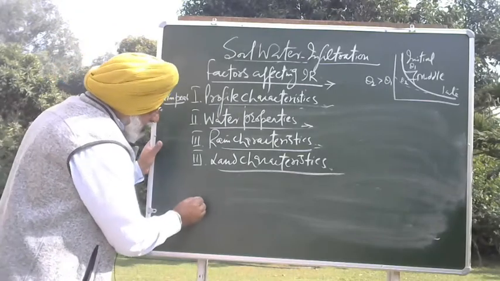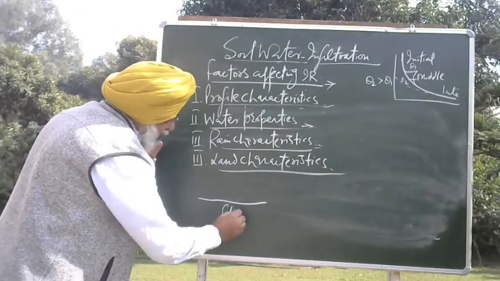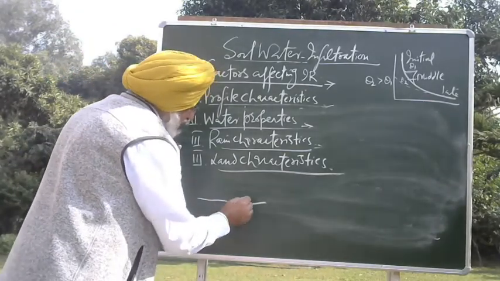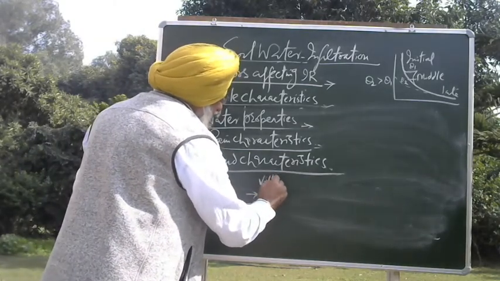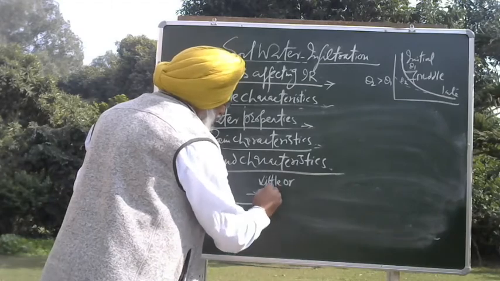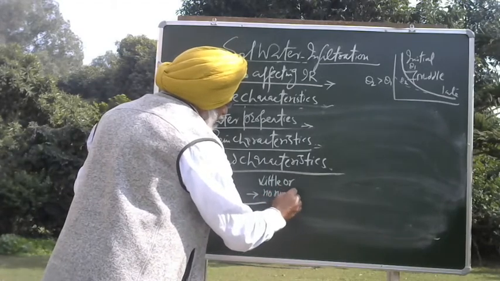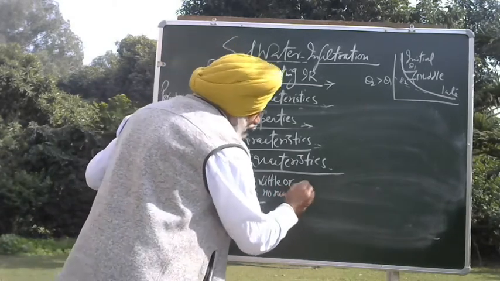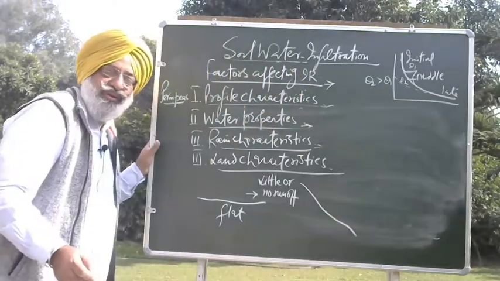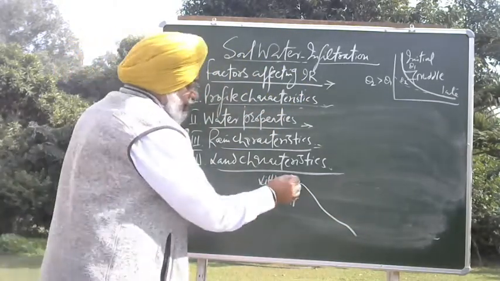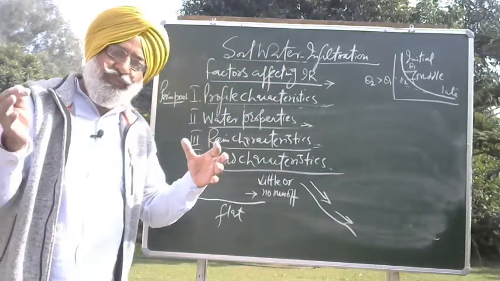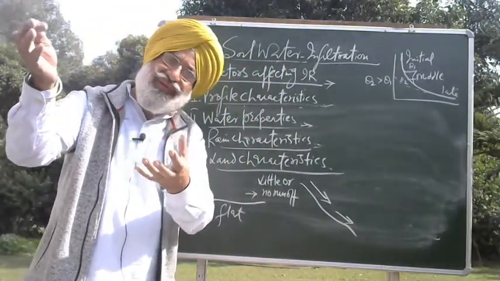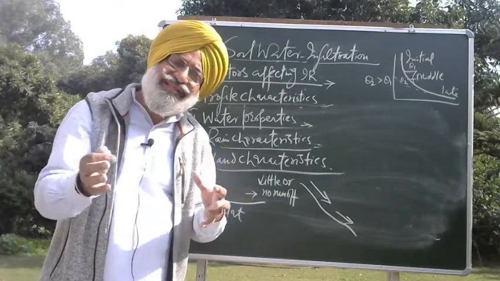Now here you have a flat surface, so little or no runoff. If you have sloping land, then there will be more runoff. That means on a sloping land there will be less residence time.